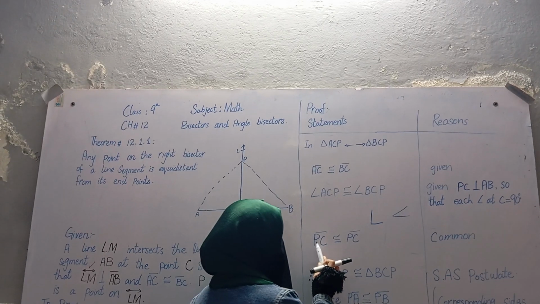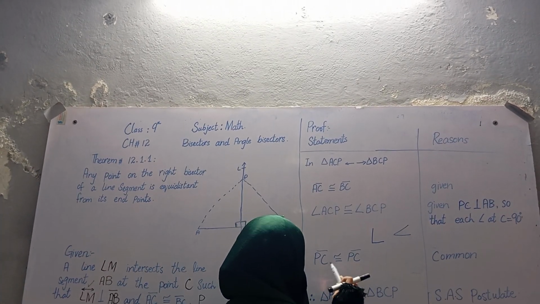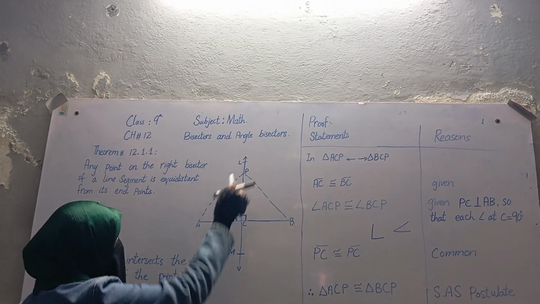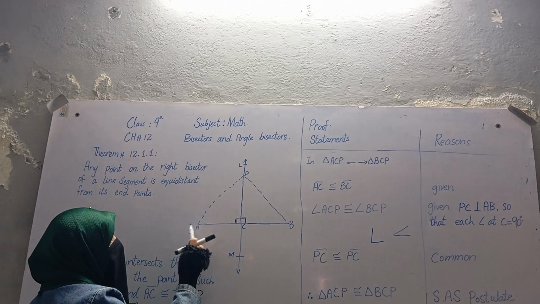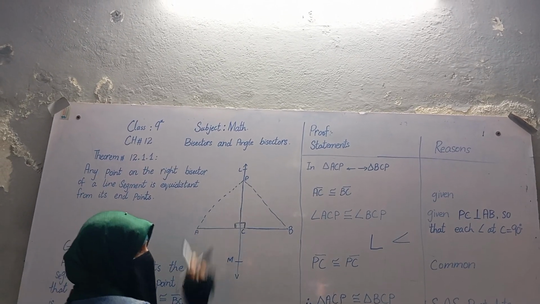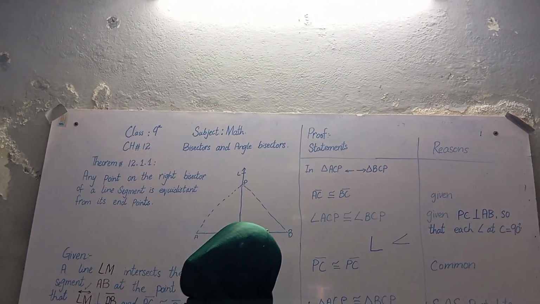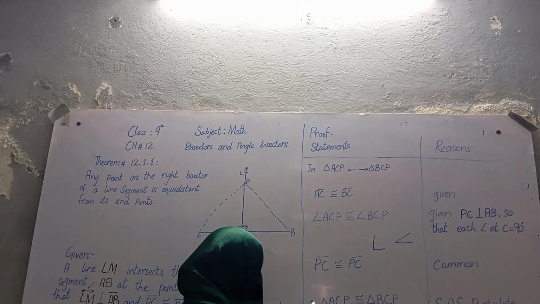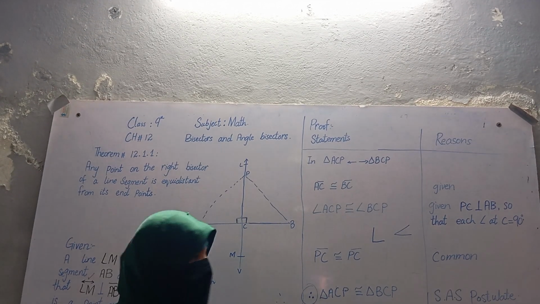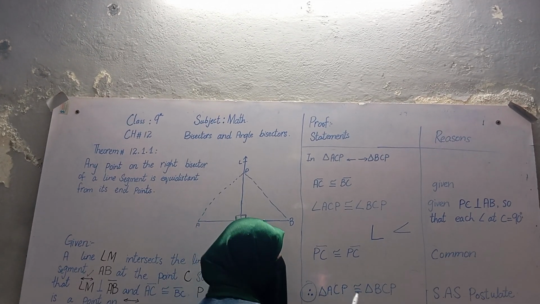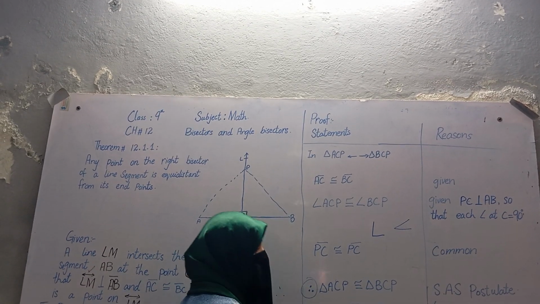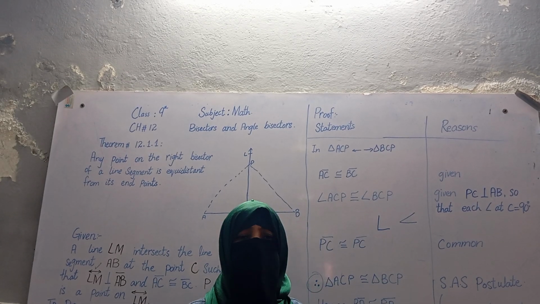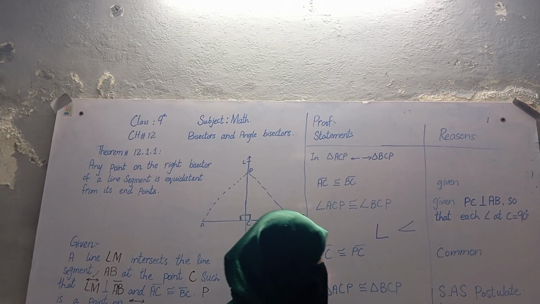Now line segment PC is congruent to line segment PC. This is the common part. PC is common to triangle ACP and triangle BCP. Now these three dots, with one dot on the upper side, show therefore. Therefore triangle ACP is congruent to triangle BCP by S.A.S., which means side angle side postulate.